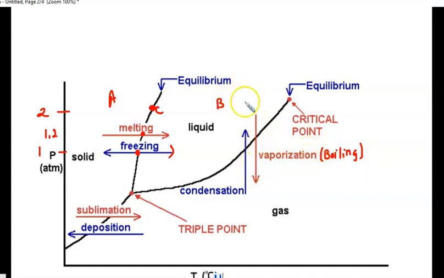So as we go from a liquid to a gas, vaporization or boiling, and then as we go from a gas to a liquid, that's just condensing. It's condensation there. And then these two terms are, again, physical changes. We've talked about these terms before in physical changes. When something goes from a solid to a gas, it skips liquid altogether. That's called subliming.